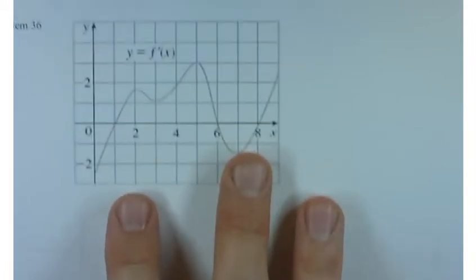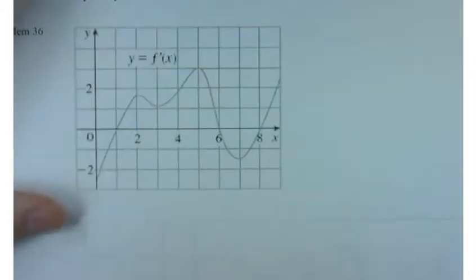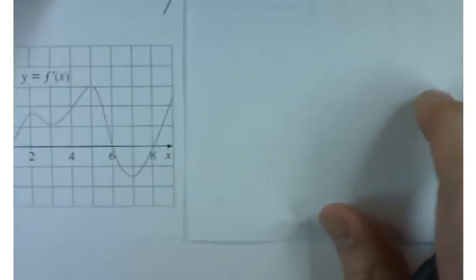So again, this is a reasonable problem because it's just asking you, do you understand some of these things? In problem number 36, they say, on what intervals is f increasing and decreasing? Let's start there. Here's our function.